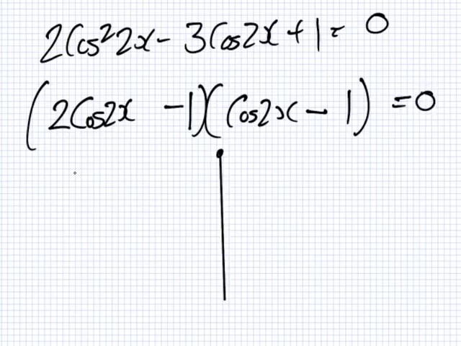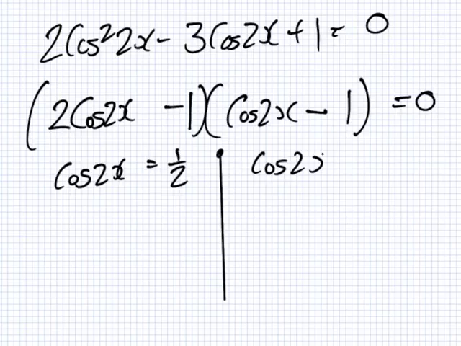So this gives us 2 answers. Cos 2x equals a half, cos 2x equals 1. So using my calculator, I can type cos inverse a half, and I get 2x equals 60, or here I get 2x equals cos inverse 1, 0. How can I get the second answer here?